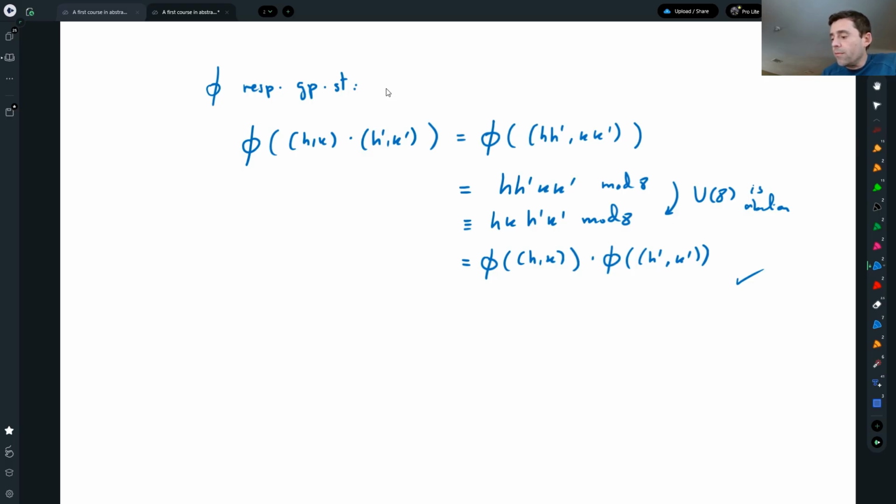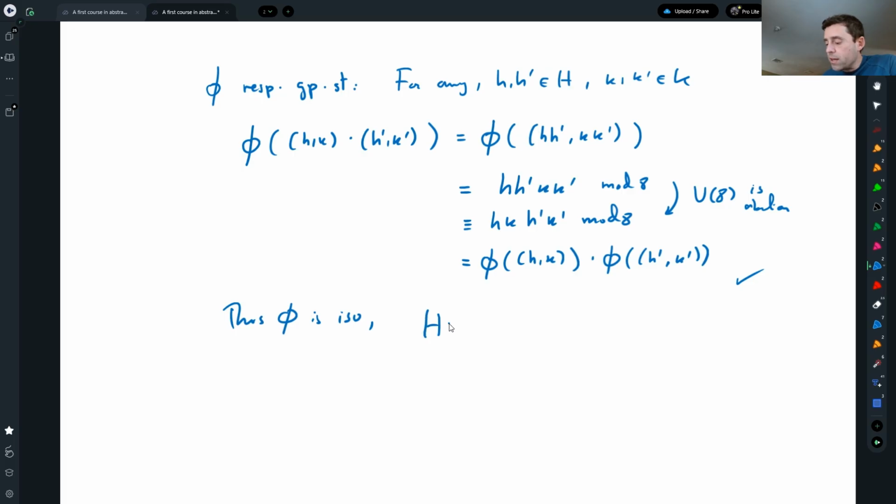This is for any h and h' in H, any k and k' in K, and therefore it works for all pairs, and thus phi is an isomorphism, and the direct product of H and K is isomorphic to U8. And since these are subgroups of U8 itself, we say that this is an internal direct product.